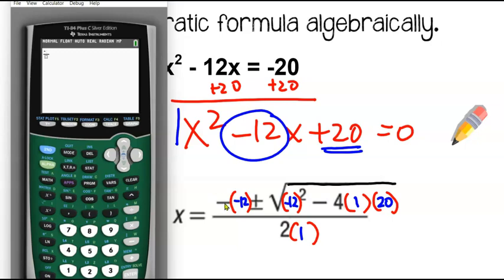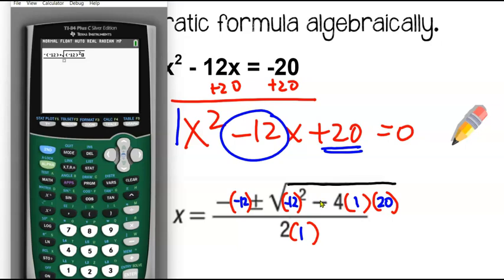Negative, that's what this symbol here means, parentheses, negative 12, close parentheses, and now you can only choose one of these operations. It's either sum, plus, or minus, subtract. I'll start with the plus sign. Now I'm going to press the square root key, and I'm going to type parentheses, negative 12, close the parentheses, and then write the square on the outside.